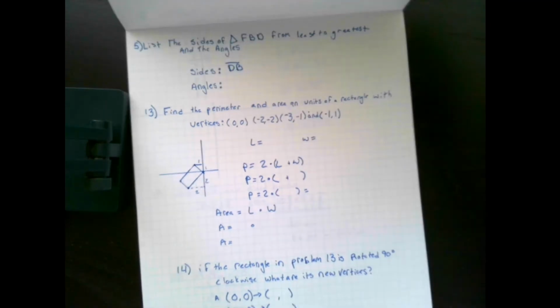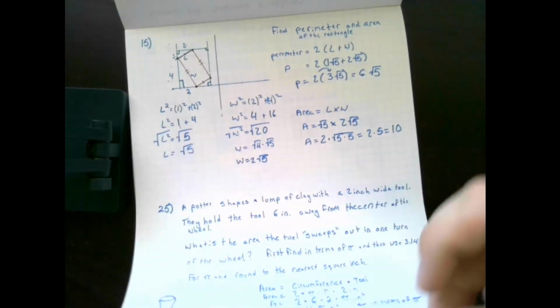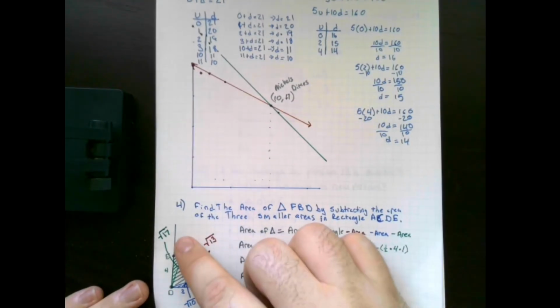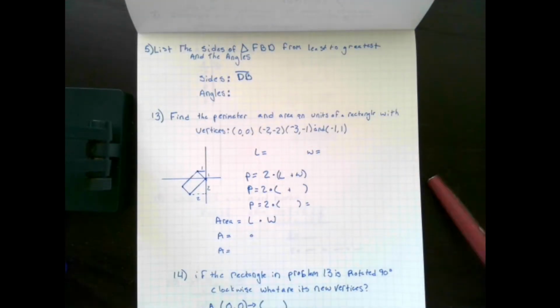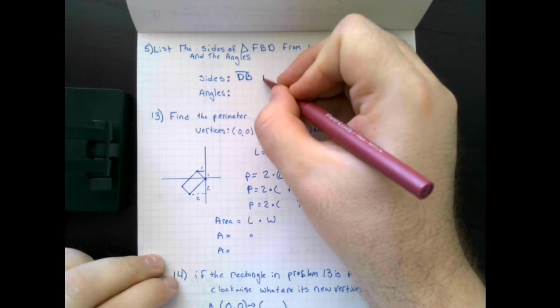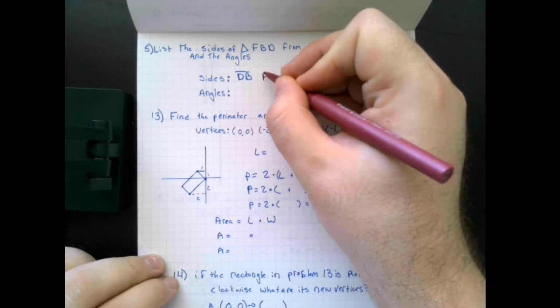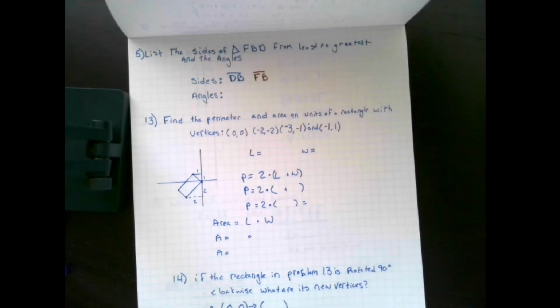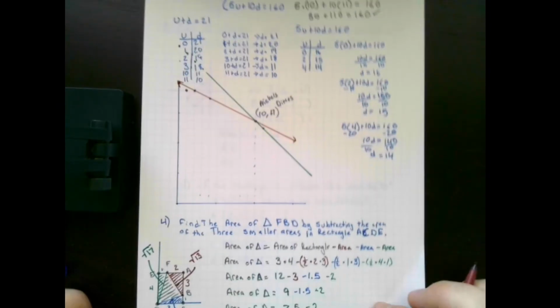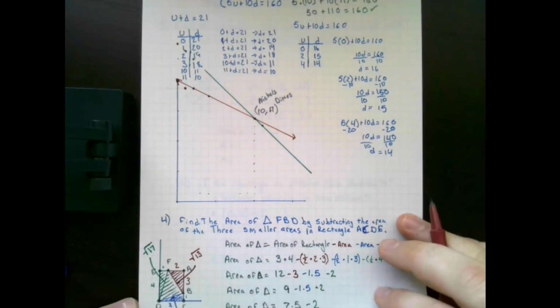The next smallest was root 13, which was side FB. And then the final side, the largest, was FD.